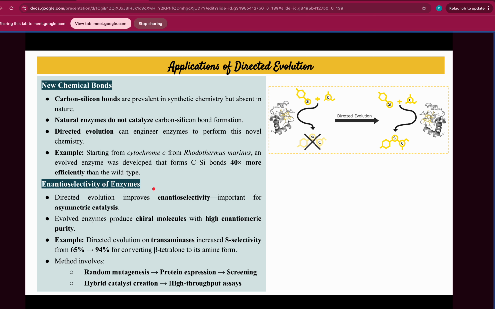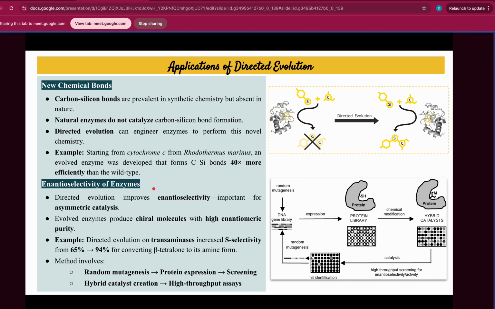Then ensure selectivity of enzymes. That means with the help of directed evolution, you can also improve the enantioselectivity, which is important for asymmetric catalysis. So evolved enzymes can produce chiral molecules which have high enantiomeric purity. So for example, directed evolution on transaminases increased the S selectivity from 65% to 94% for converting beta tetralone to its amino form.